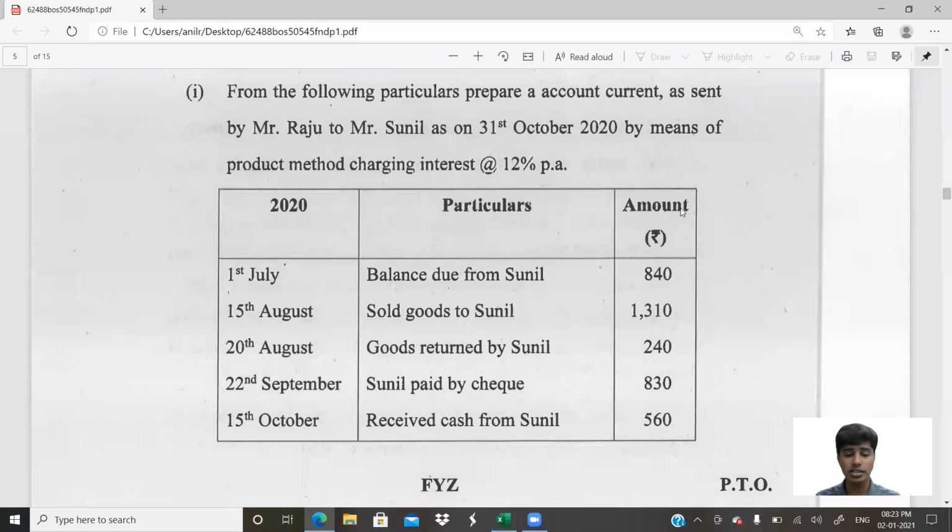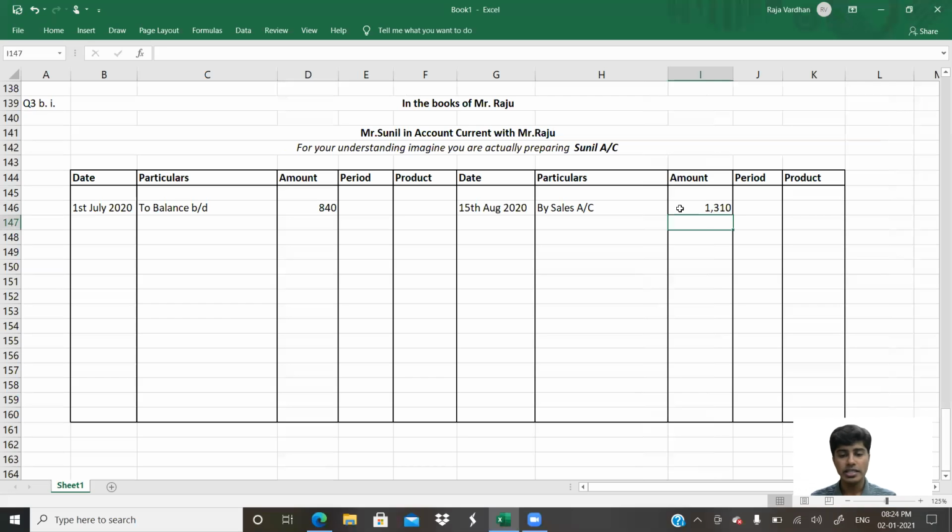Next, 20th of August, goods are returned by Sunil. Sales is on the credit, sales return is on the debit. The goods which had gone out previously are coming back inside. Sunil account, it's to balance brought down.